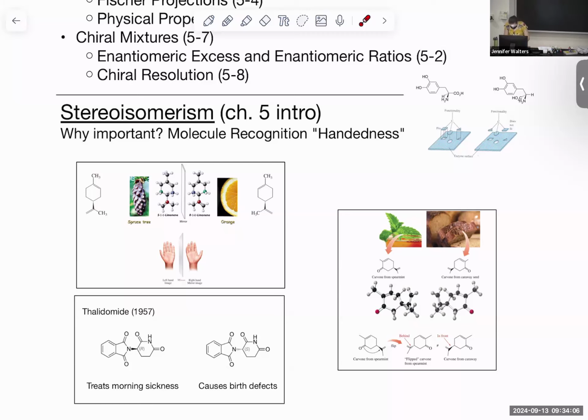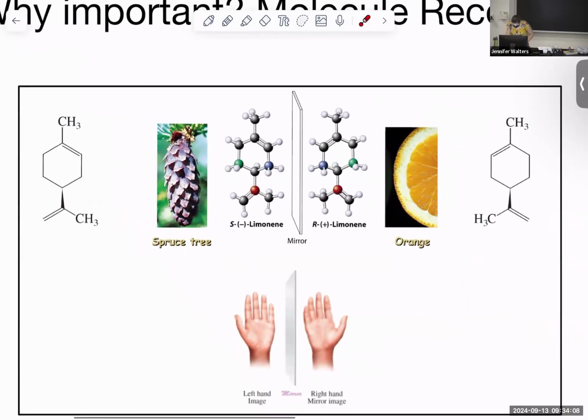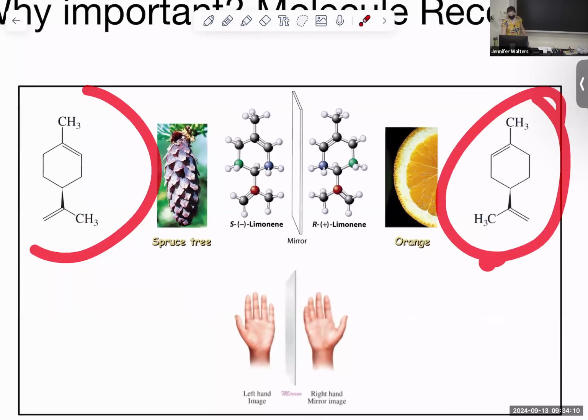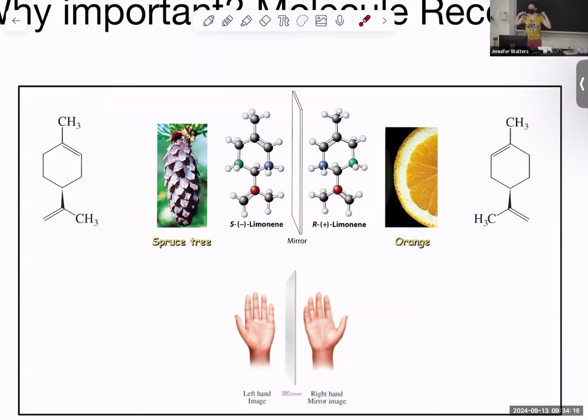The molecules can look so similar, where the only difference is left hand versus right hand. And that is the whole difference between a spruce tree and an orange. Those are two very different scents. And I don't know who's licking a spruce tree, but they're very different smells. Your nose has the same thing.